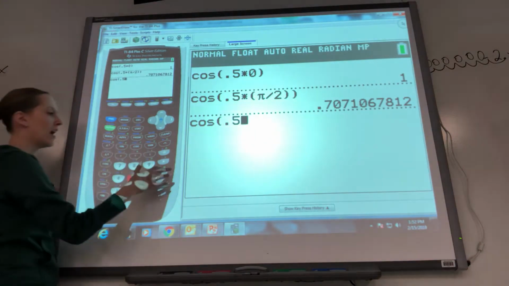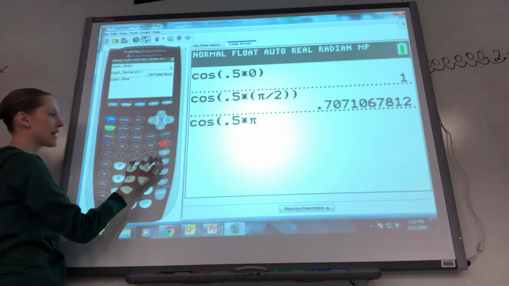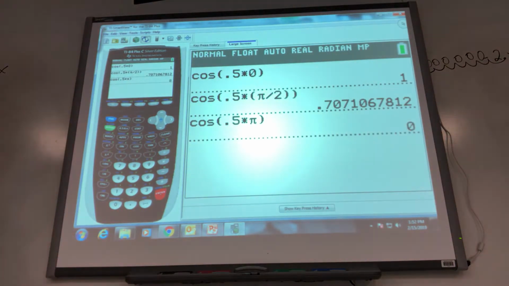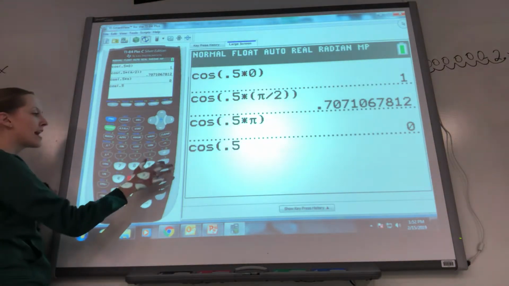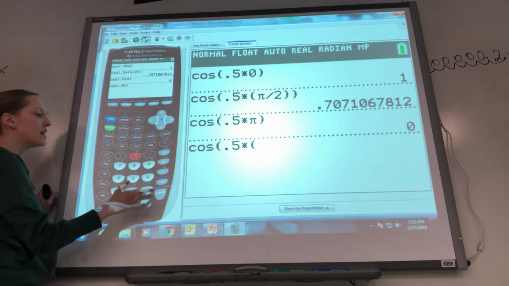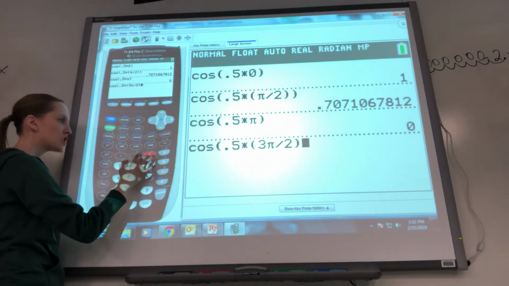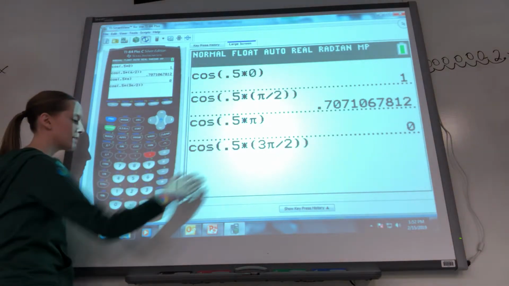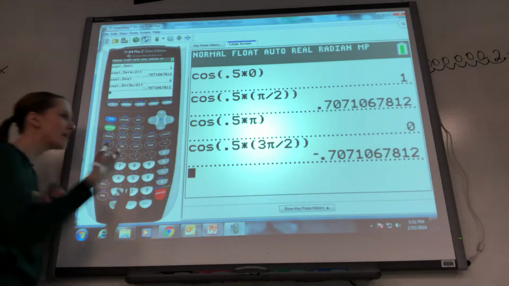Cosine of 1/2 times pi, that would be the next number in my table. So that's a 0. Okie doke. Cosine of 1/2 times 3 pi over 2. 1/2 times 3 pi over 2 would be like 3 pi over 4 if you wanted to do that first.